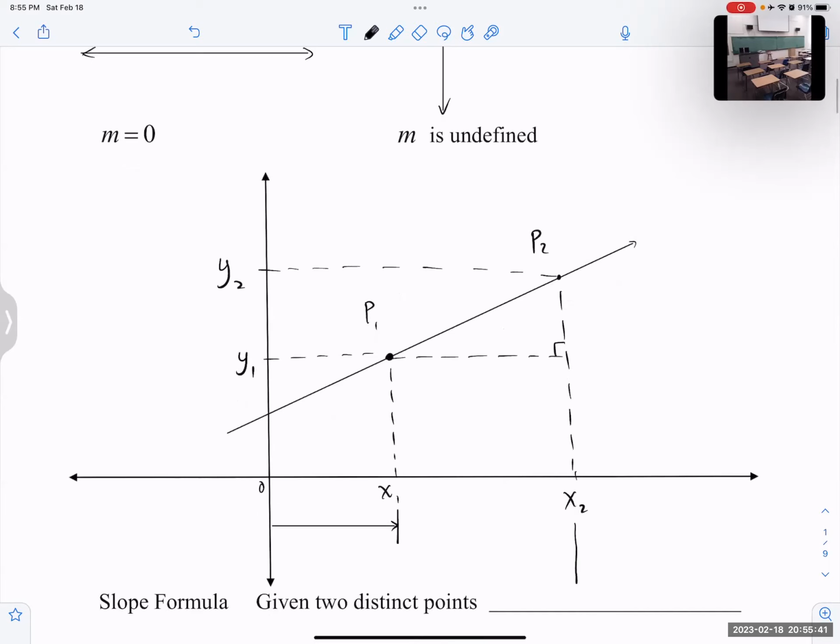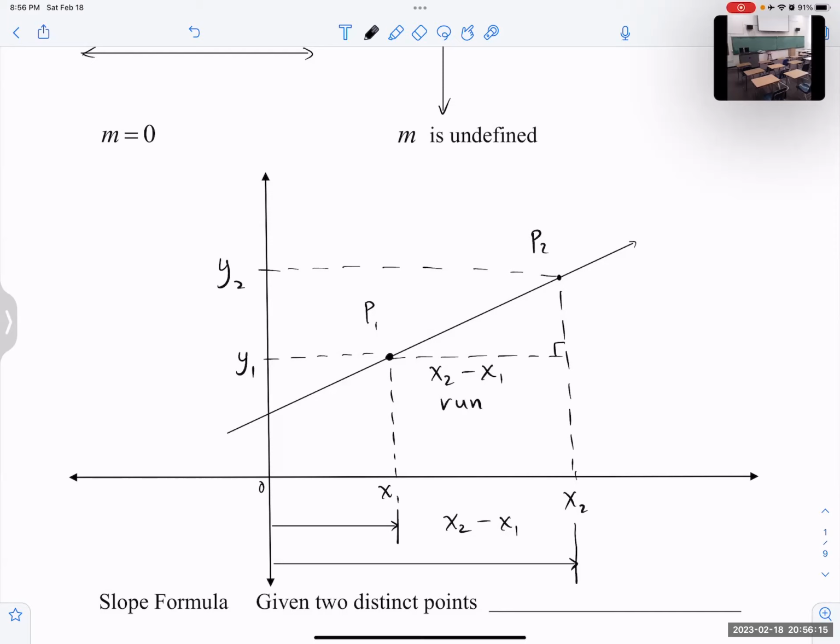X sub 2 is an x coordinate and also represents a horizontal distance from the y-axis. And when you subtract length x sub 2 minus length x sub 1, you get this distance x sub 2 minus x sub 1, which translates to the length of the horizontal leg on the right triangle. And between the 2 points P1 and P2, that's also called the horizontal run.